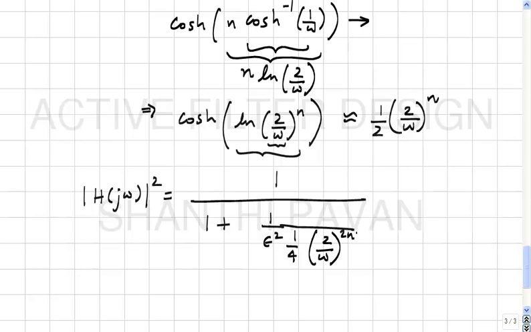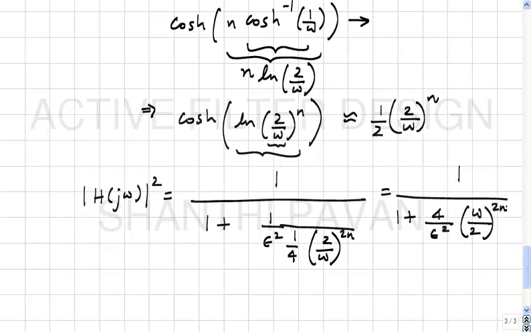Is this clear? Which is 1 by 1 plus 4 by epsilon square times omega by 2 whole to the power 2n. Does it make sense? Okay, can somebody comment on this?